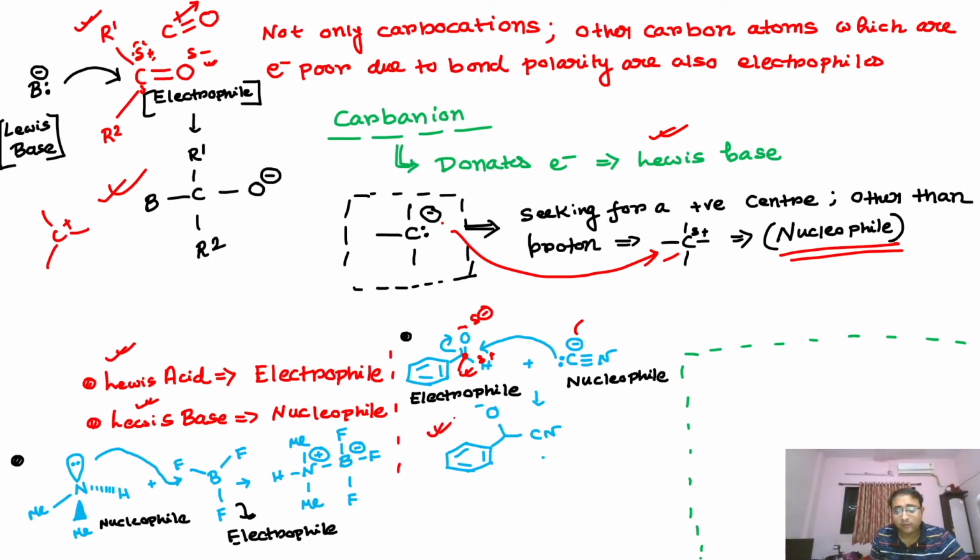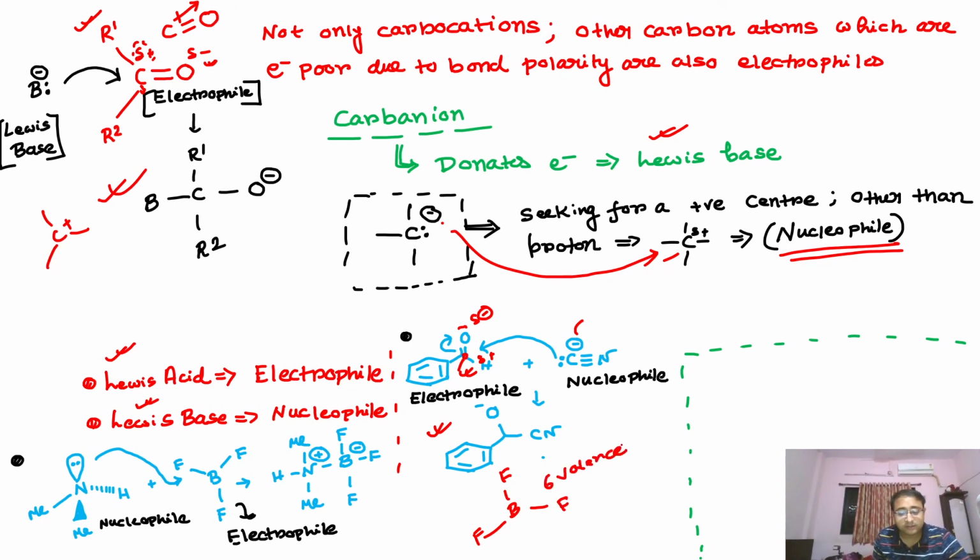On the other hand, this is another reaction between a nucleophile and an electrophile, where you can see there is a lone pair of electrons over this nitrogen atom, and a compound like boron trifluoride. You can see that boron trifluoride has a total of 6 valence shell electrons.